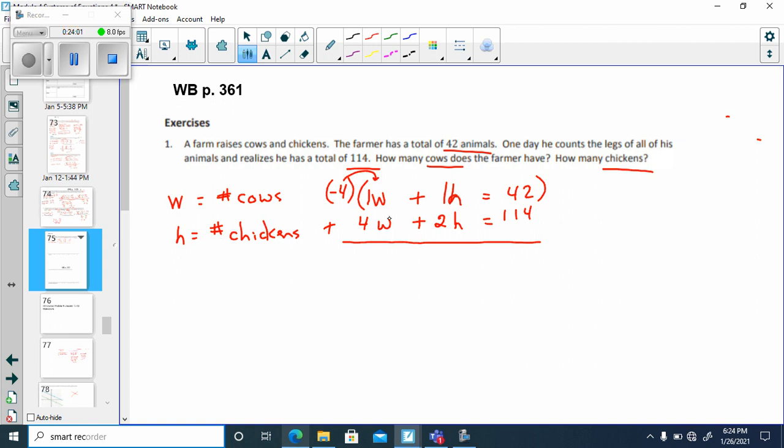Use our distributive property. Negative 4w, and negative 4 times 1h would be negative 4h is equal to negative 4 times 42, okay? Make sure you use your calculator. That's negative 168.